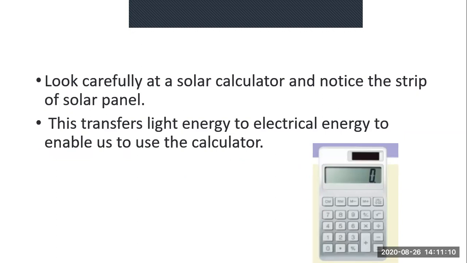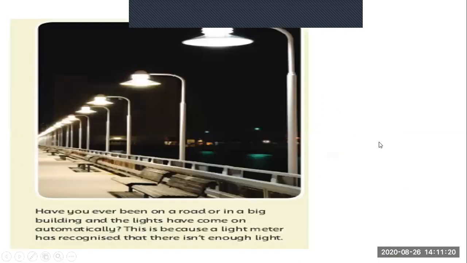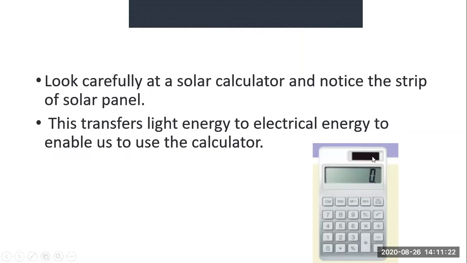A solar calculator takes the sunlight energy, transfers it to electrical energy and turns on. If the calculator gets sunlight, it turns on. If there is no light, or this part is closed, no sunlight will enter and it will turn off.